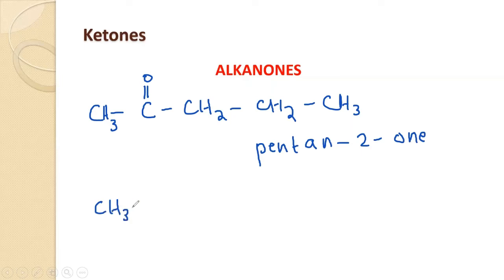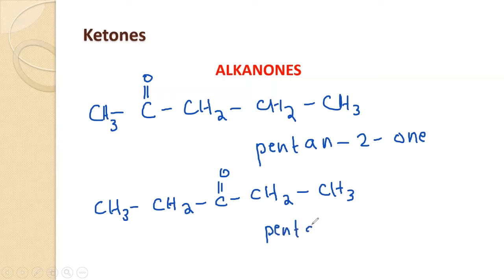Whereas if the functional group is present on the third carbon atom, we call it pentan-3-one. This is how you mention the position of the functional group in ketones.